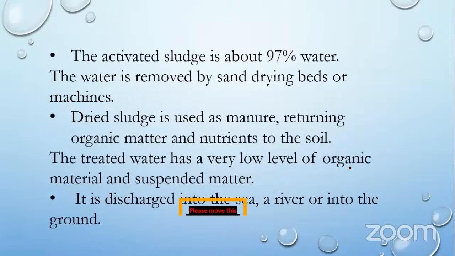Okay. It is discharged into the sea, a river, or into the ground. Such water is discharged into the sea. So now sewage water is somewhat purified and then released into the sea, river, or ground, so that it does not pollute the sea water, river water, or groundwater.